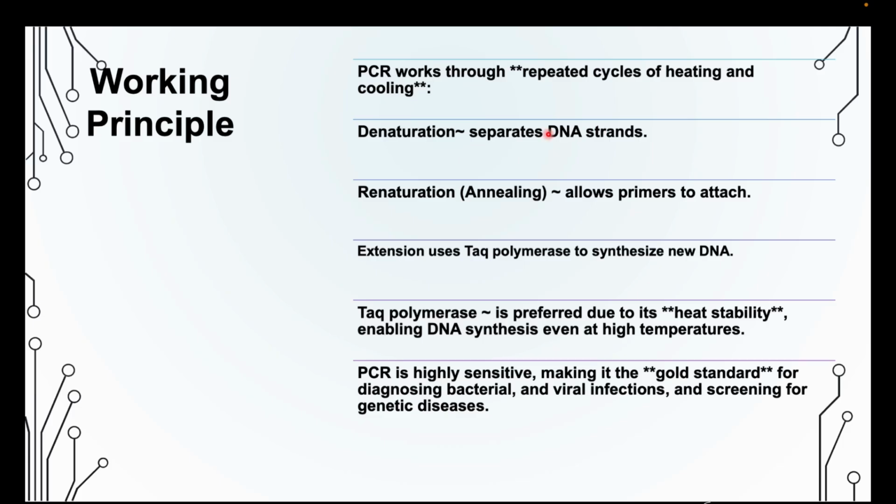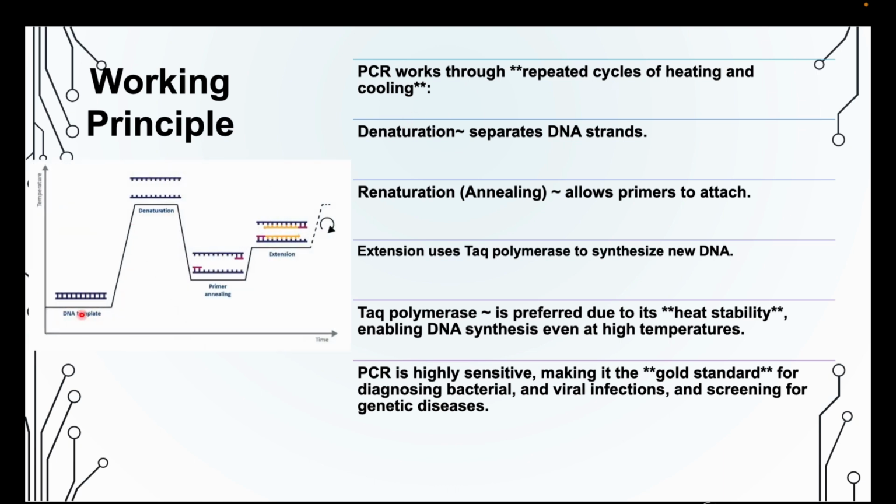So what is the working principle of PCR? PCR works through repeated cycles of heating and cooling. This is a DNA template of your interest. It denatures at a higher temperature, which separates the two DNA strands.